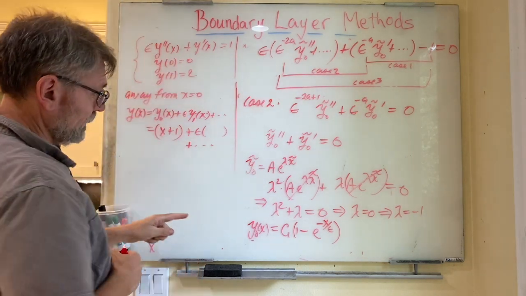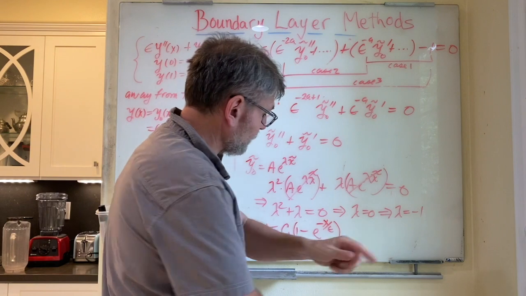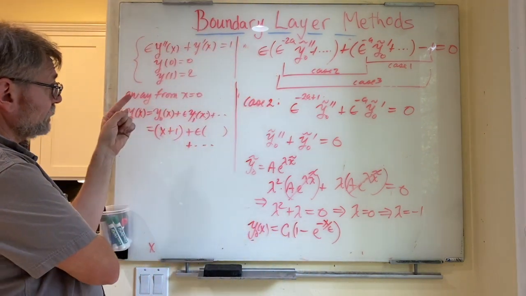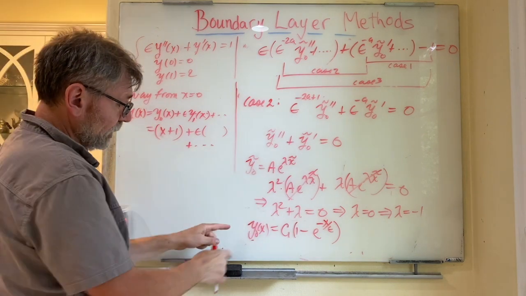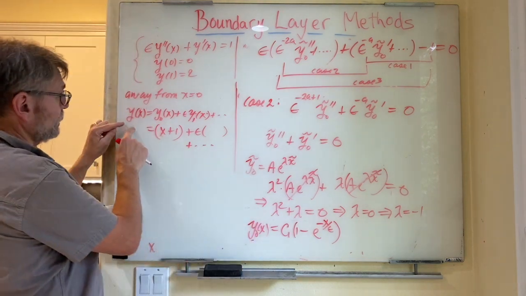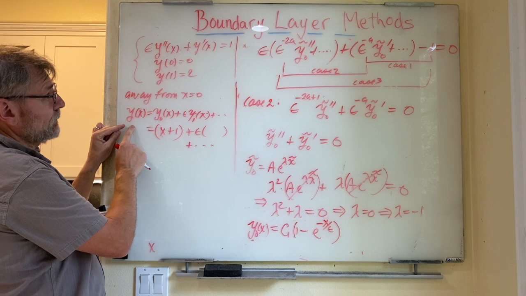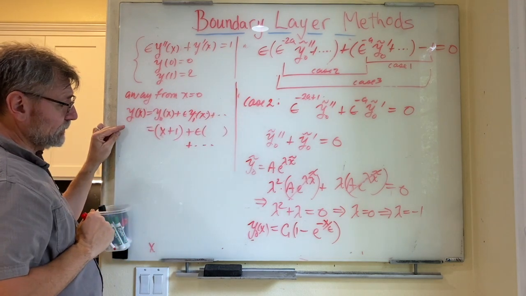What happens when we move away from x equals 0? Well, eventually, as we go away from x equals 0, we want this solution to match the solution we got from the part away from the boundary condition, right?